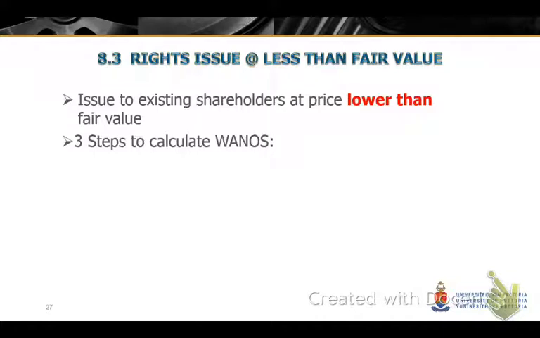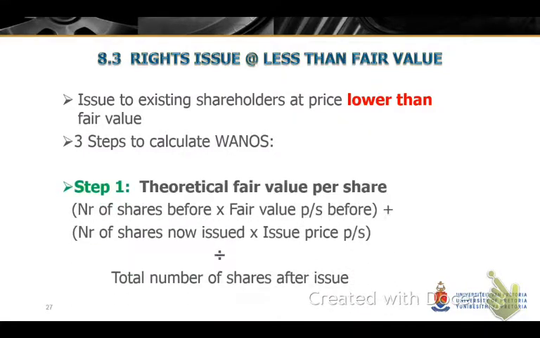The main thing here is that the new issue is at lower than the current fair value, and that means there is a bonus element included in this purchase of shares. The steps you want to follow to calculate the weighted average number of shares, the WANOS, start with the theoretical fair value per share.